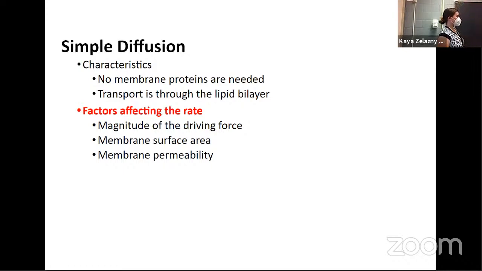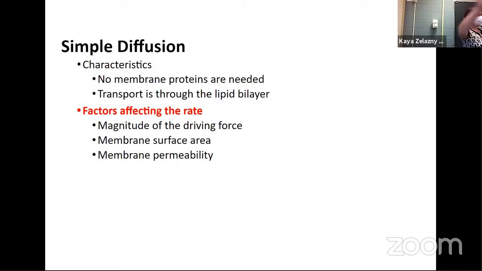Other things that affect the rate are properties of the membrane itself. When we think about membranes, they're all made of the phospholipids, but if we have a lot of surface area, when we're thinking about flux, when we're thinking about molecules passing through the membrane, the way that fundamentally happens is their molecules are jiggling around all the time, just like random movement.